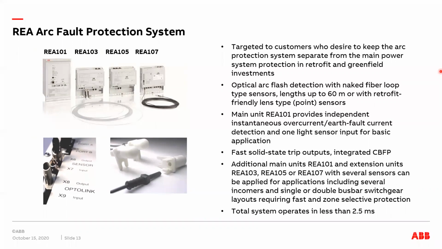Then, if you would like to extend the system, you can use multiple REA 101 units or add some extension units, to get several sensors and also create a so-called zone selective protection system. All in all, REA 101 system operates in less than 2.5 milliseconds.